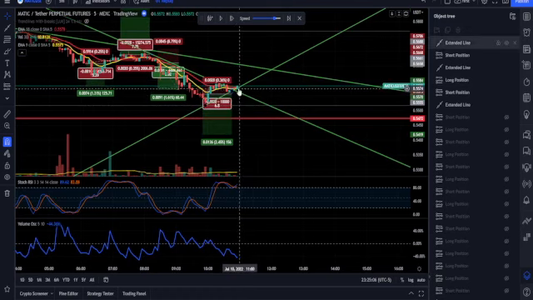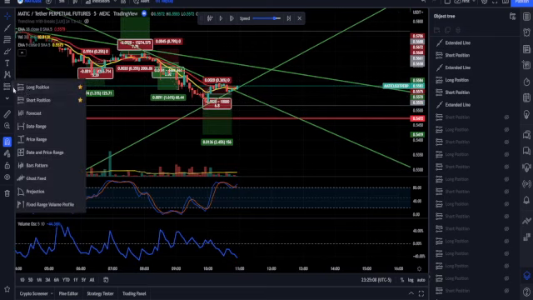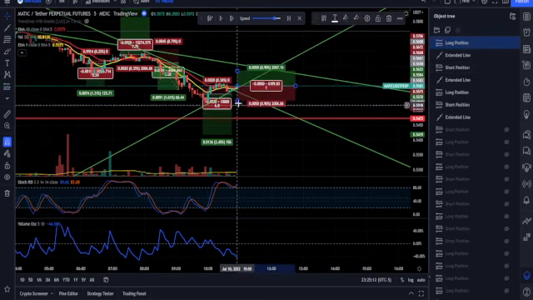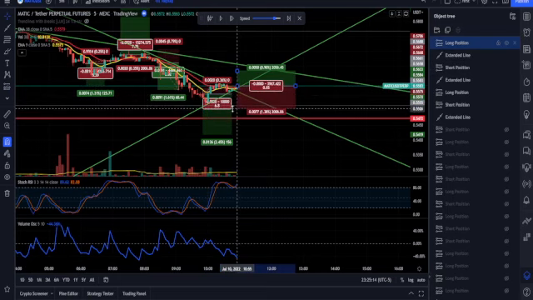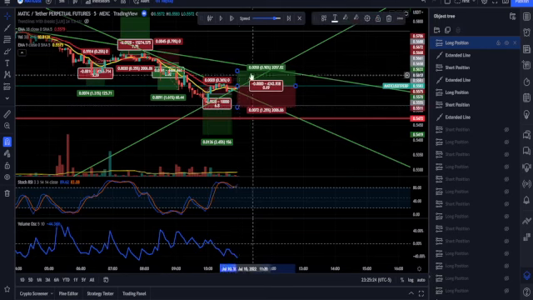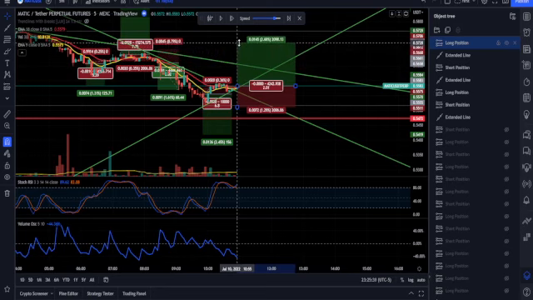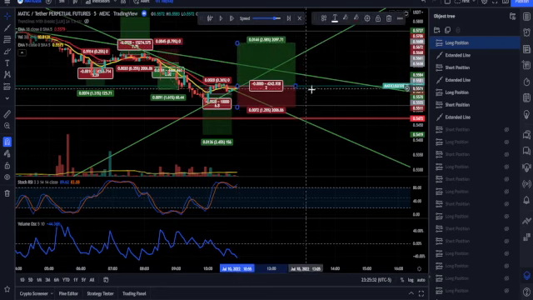Right here, we could take a long position based on that, and we're going to place our stop loss right below the trend line and below our swing low. And from here, we're going to look for 2 times the risk, and once again, we'll get out if we cross the trend.